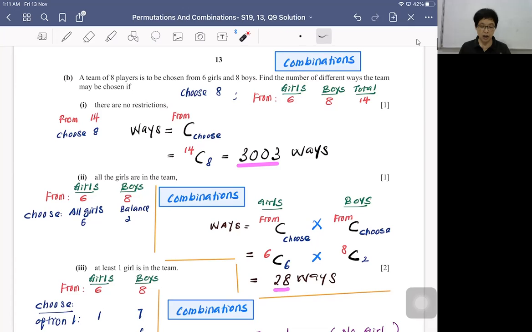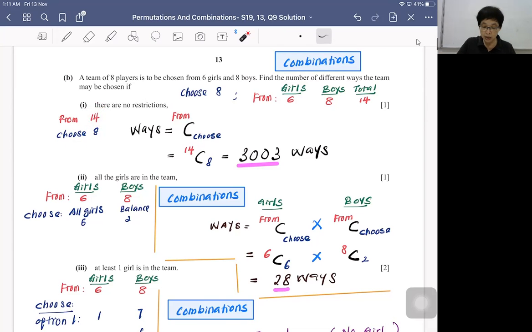If there are no restrictions, this is certainly our favorite, because when there are no conditions imposed, we will just easily, from the total, how many children? Yeah, there are a total of 14. And from 14, we're just going to choose 8.